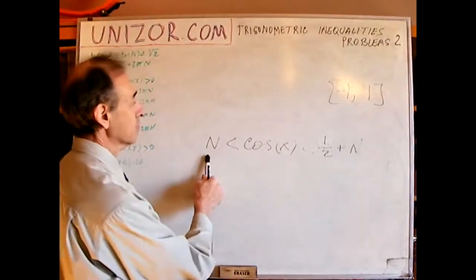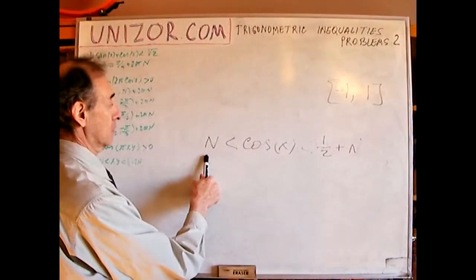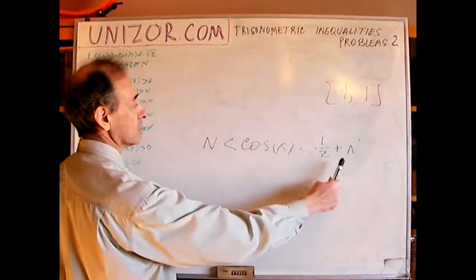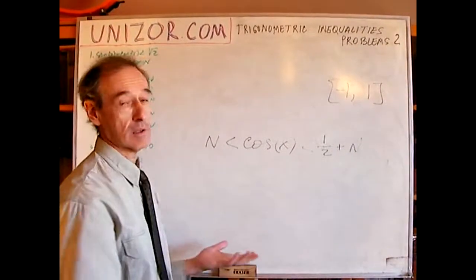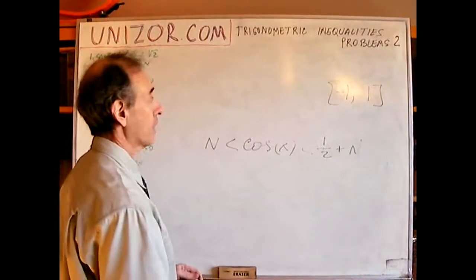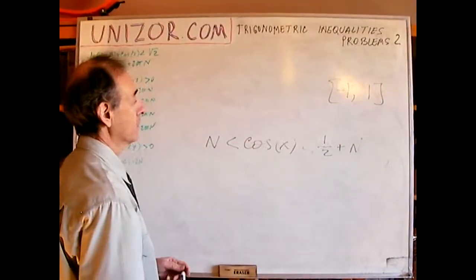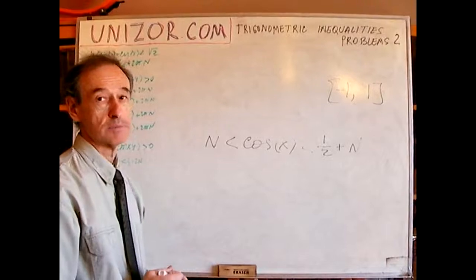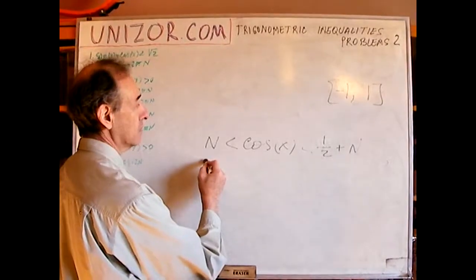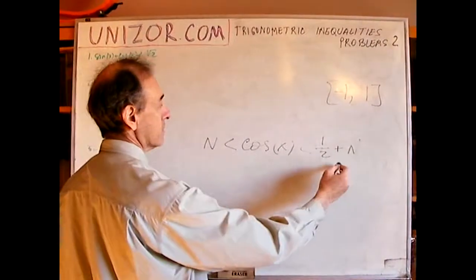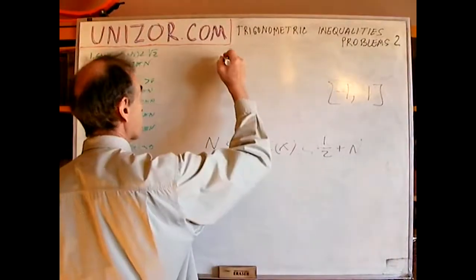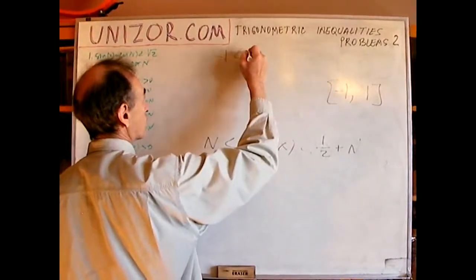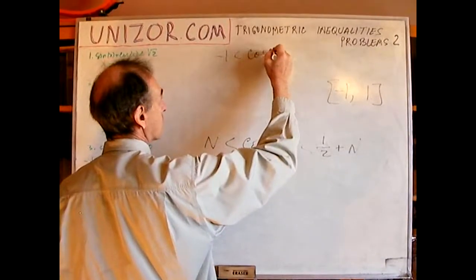Now, can n be, for instance, -2? If this is -2, this is -1.5, cosine cannot be less than -1.5, right? Because of this. Now, can n be -1? It's -1, and this is -1/2. That's possible. So one of the things is where we should look for a solution is this.